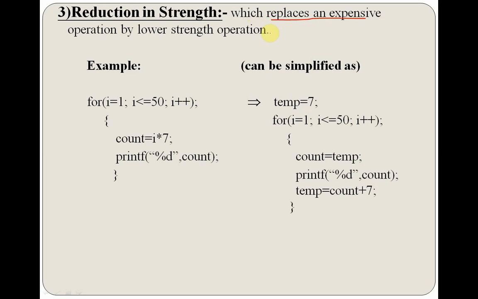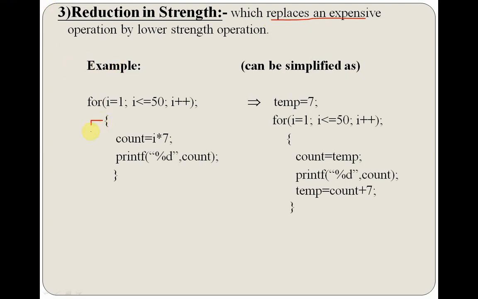Addition is the simple one, the lowest strength operation, whereas division is a higher strength operation, or expensive operation. It takes more time, it consumes more processing time when compared with addition. So if possible, replace such operators by lower strength operators.